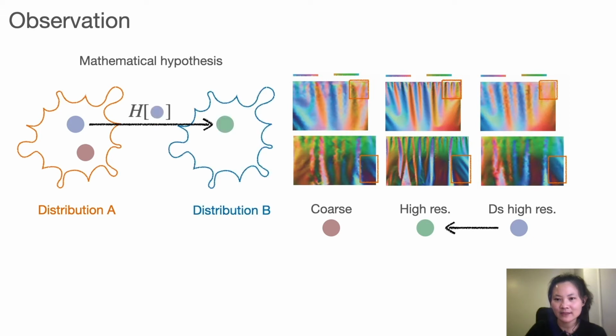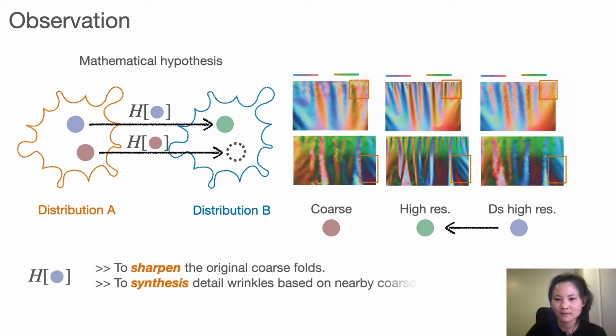If there exists a function to transfer the downsampled normal map to the high resolution with fine wrinkles, we are able to transfer the low-resolution normal map to the same distribution of the high resolution with the same function. The fine wrinkles are generated either by sharpening the original coarse folds in the downsampled normal map or synthesized conditioned on nearby coarse folds.